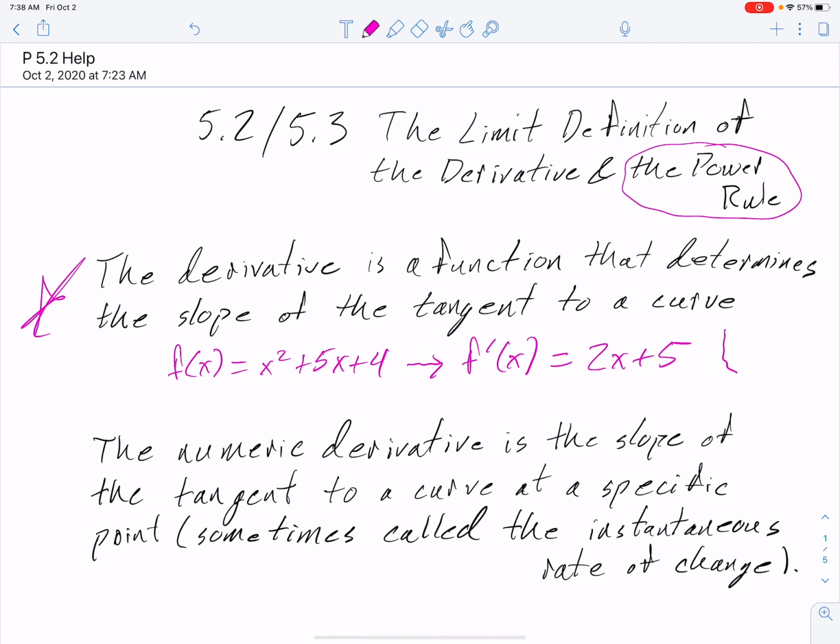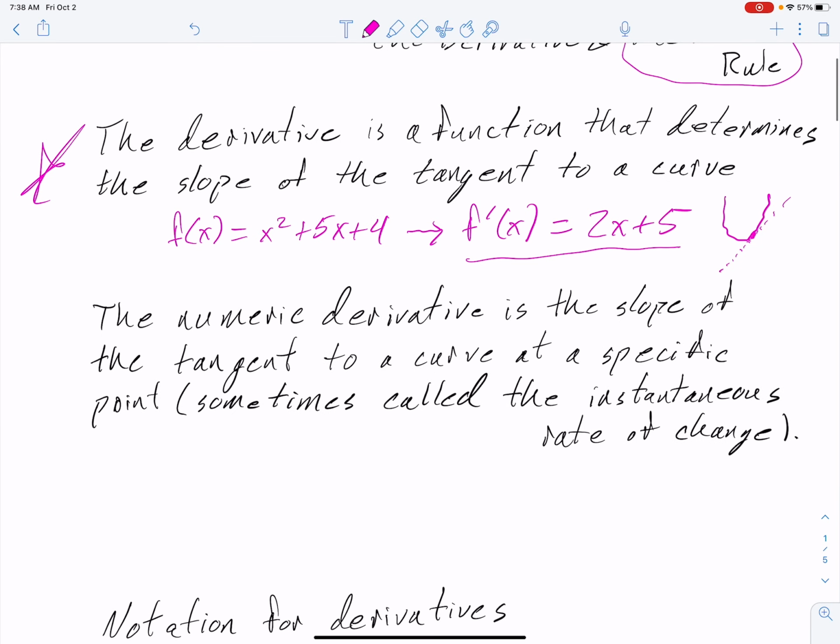Essentially, if I've got a parabola, I could draw a tangent that touches that parabola at only a single spot, not unlike the tangents you would have learned about in geometry, and this equation would get me the slope of that tangent. The numeric derivative just goes the one step further and is the derivative at that location.